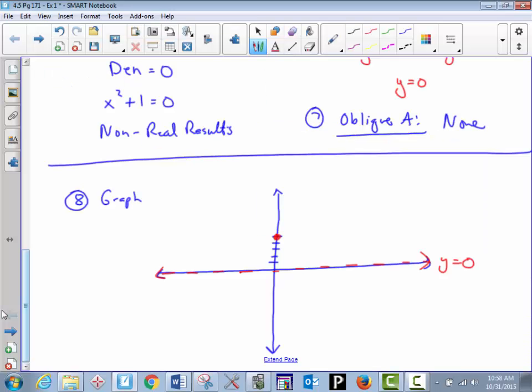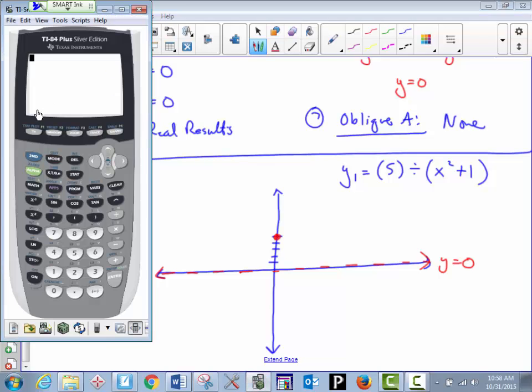So now, just go to your graphing calculator. Make sure that when you enter the equation in for y1, you use parentheses around the numerator and denominator. So I'll open my calculator up and put that in to y1.